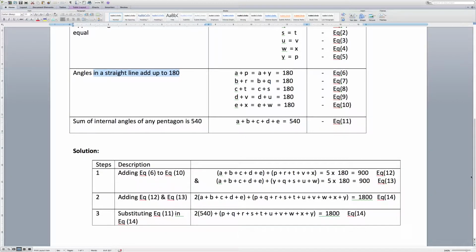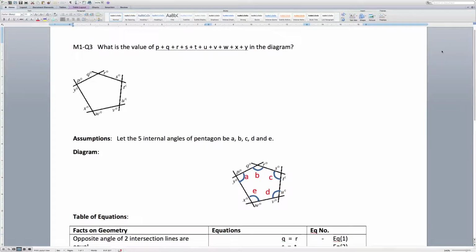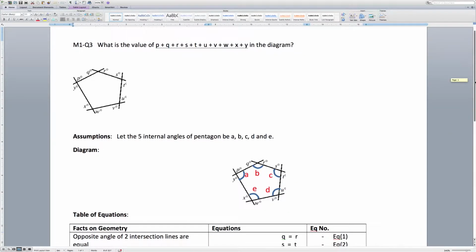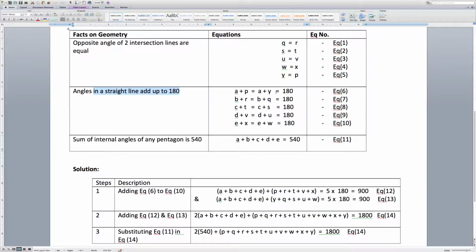When you come to the solution, you have to keep in mind what your objective is. Your objective is to find the sum of all these angles. So you'll try to use the equations available in front of you in such a way that you ultimately get the sum of all these angles.